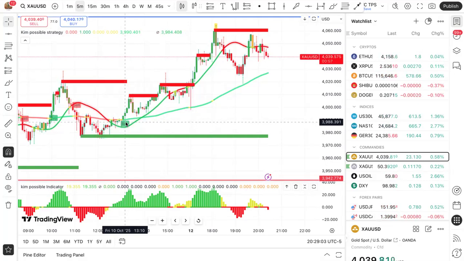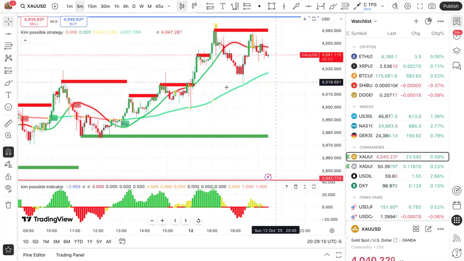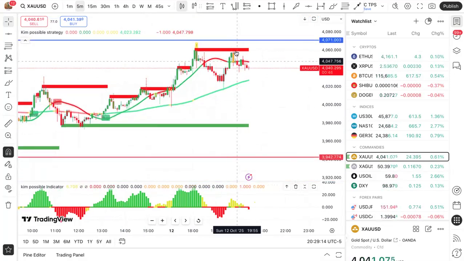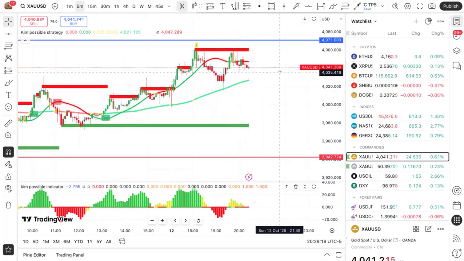This was a buy from Friday at 1 p.m. So it's been buying since Friday. At the moment it's just consolidating, so it's not ready. To get into this, you need a break and close above the red box. Remember, the market is not open long now, so this is not ready yet.